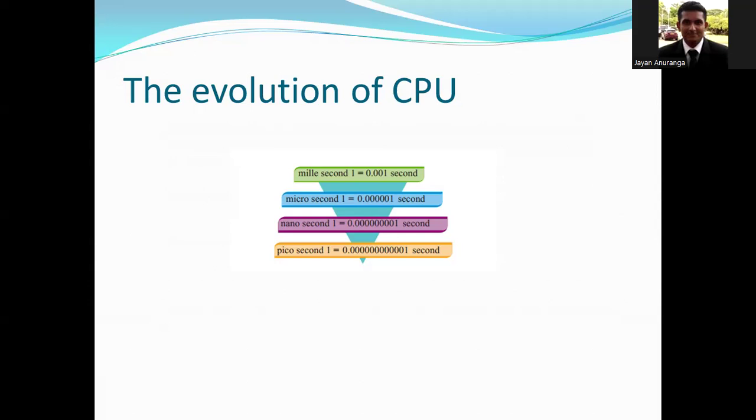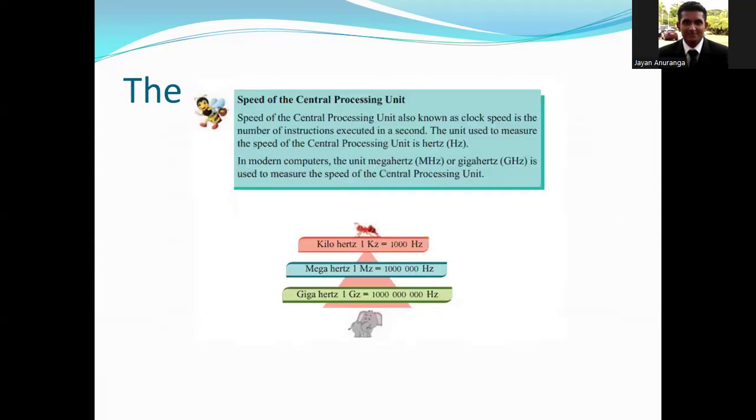So if we move to the speed of the central processing unit, also known as clock speed, it is the number of instructions executed in a second. The unit used to measure the speed of the central processing unit is hertz.